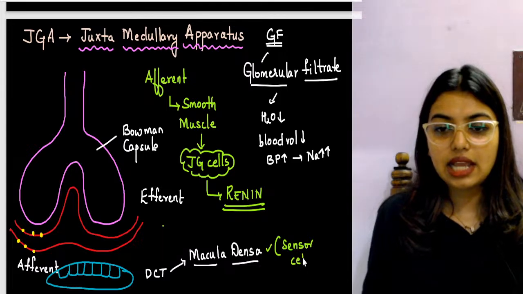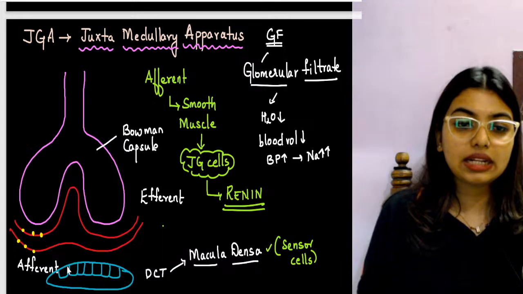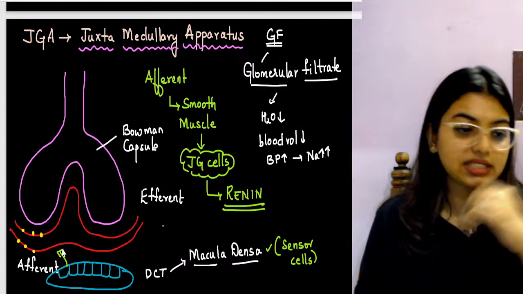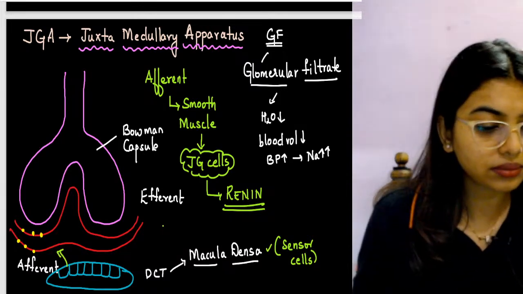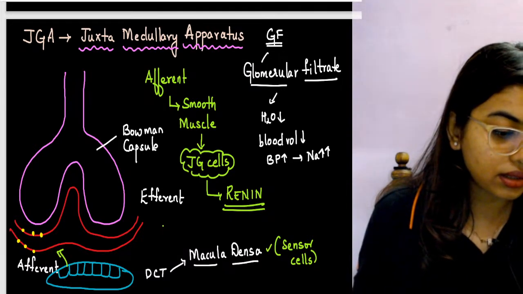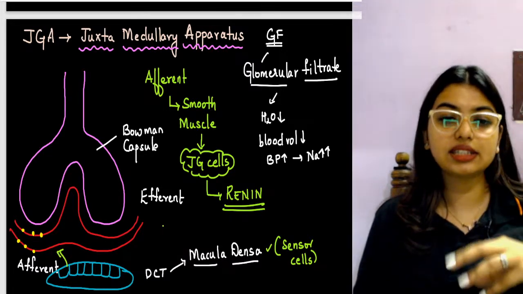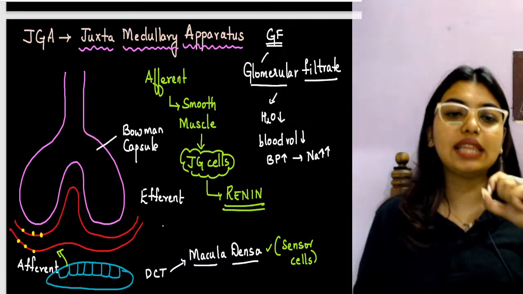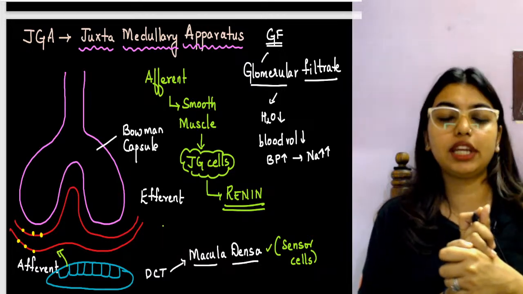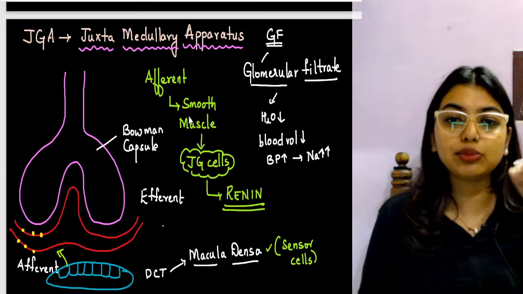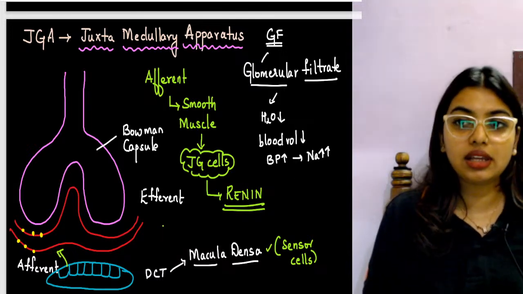These sensor cells will understand that GF has some problem, and they will signal the afferent arterioles that there is a problem with the GFR, so we have to do something. Then the afferent arterioles will say, don't worry, my smooth muscles are going to get modified into JG cells and they are going to release renin. Is this clear so far? Yes, all of you?